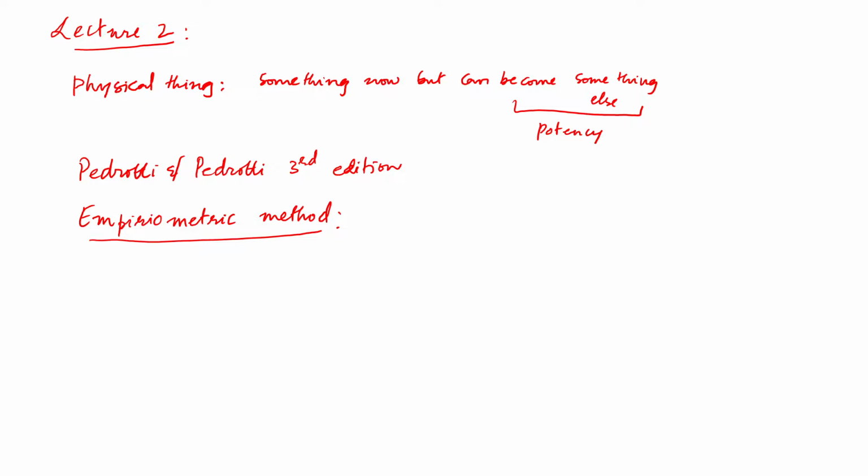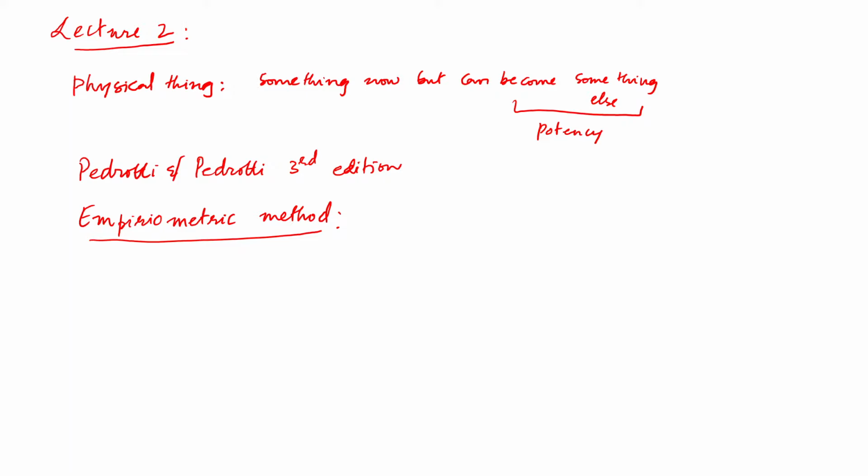For example, if you were to say F is equal to ma, you are expressing the laws that you see in physical reality in a mathematical form, and that's a modern way of doing physics. And Newton applied this empirio-metric method for the first time to laws of motion, and that's how you know Newton's laws.